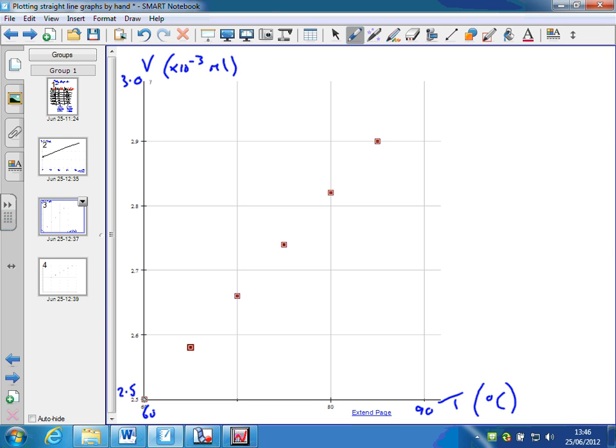So in other words, I make sure my scales exactly fit the data. The trouble with that is, because my x-axis doesn't go to 0, I can't find the intercept.